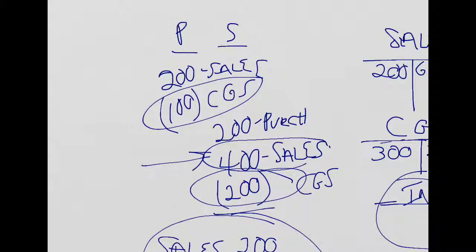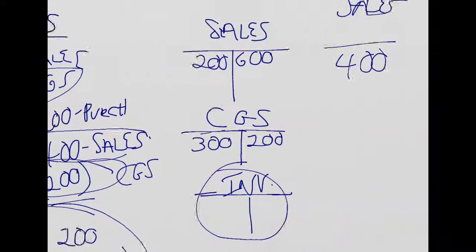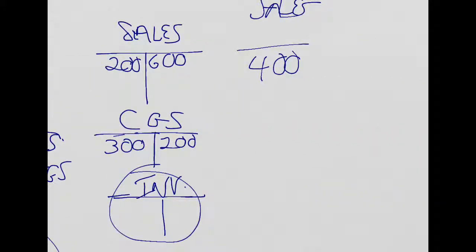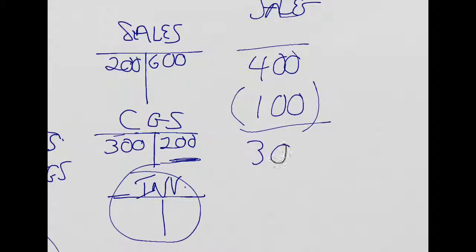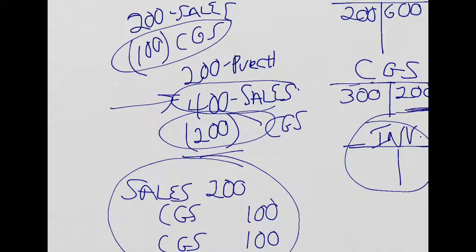That's the actual sale, because in this example, everything was sold by the subsidiary in 1 year, so the sales we should record is the 400. The cost of goods sold is now 100 after the adjusting entry here, and that makes our gross profit 300. That's true to life because that's exactly what happened.